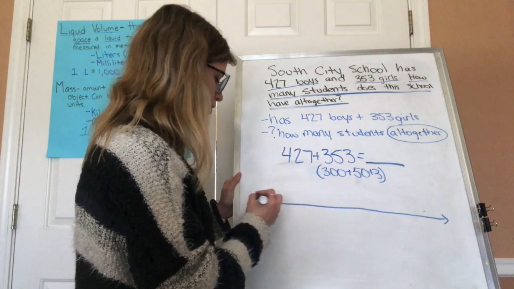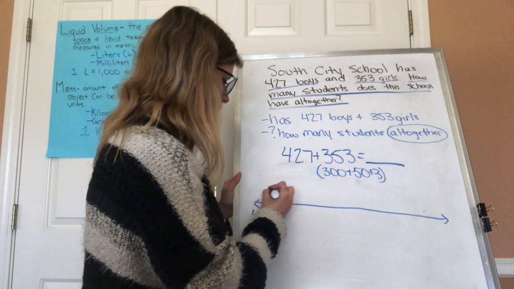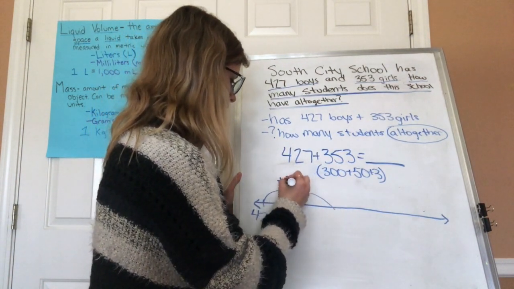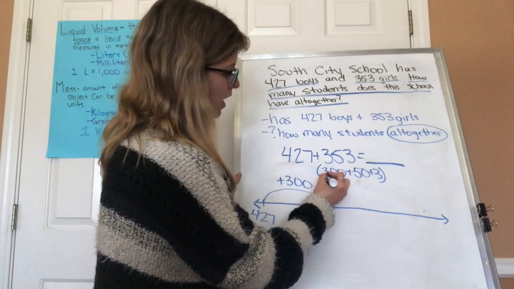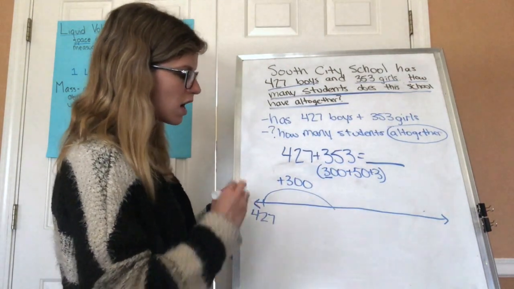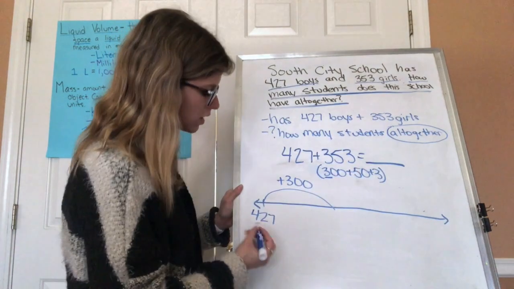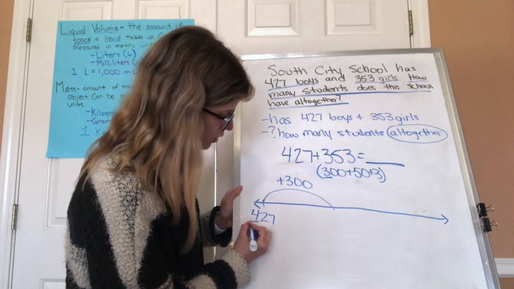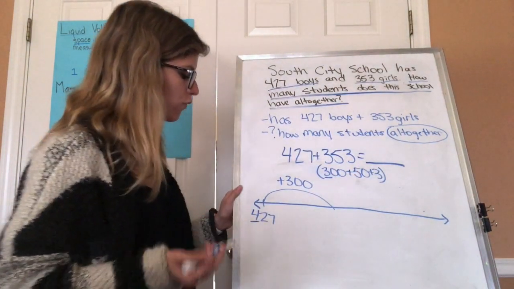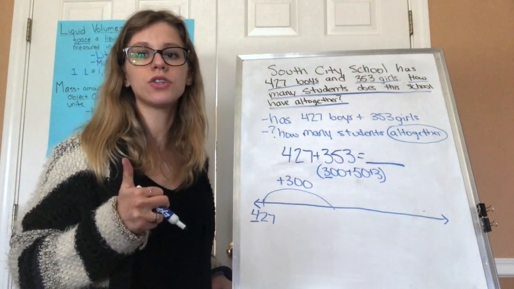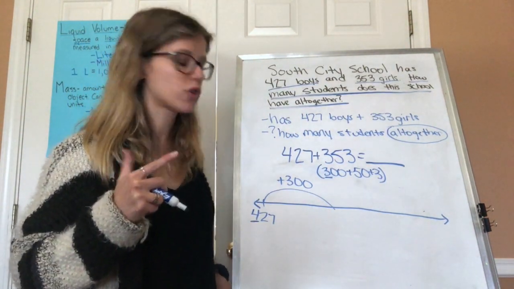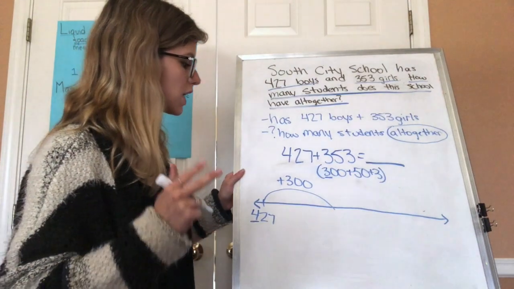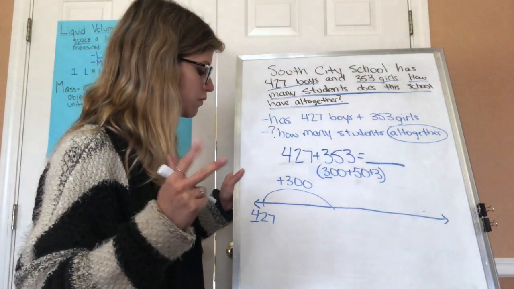And then I'm going to add 300. So I know since I'm only adding 300, I have nothing in my ones and my tens place here. All I will be changing is my hundreds place. So 400 plus 100 is 500, plus another 100 is 600, plus another 100 is 700.